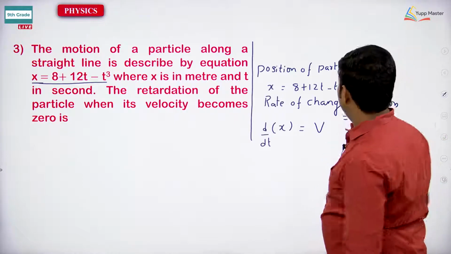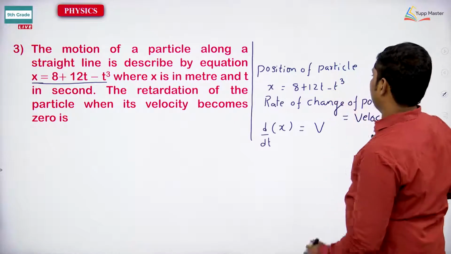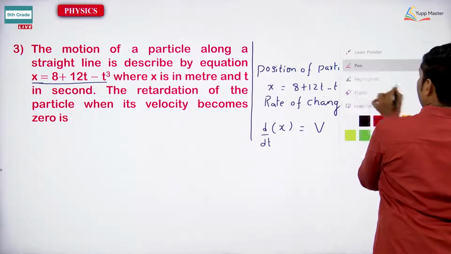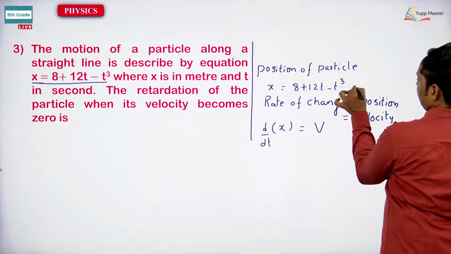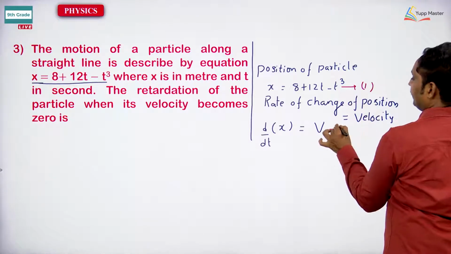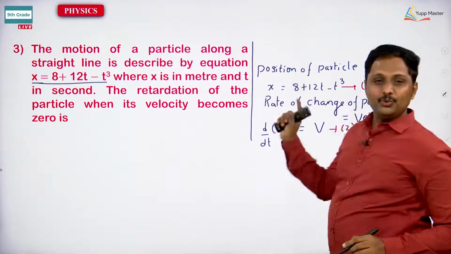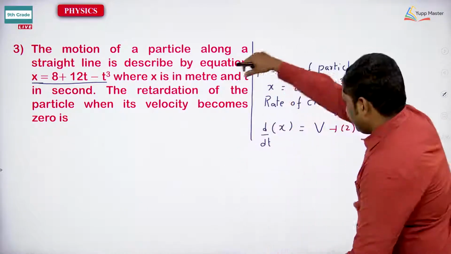Now, just substitute, let it be equation 1 and 2. From 1 and 2 you can obtain v, it is very clear.